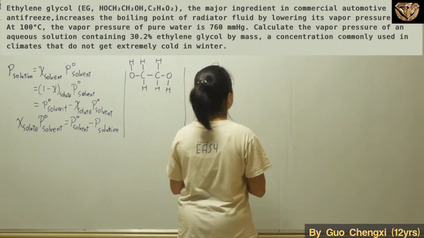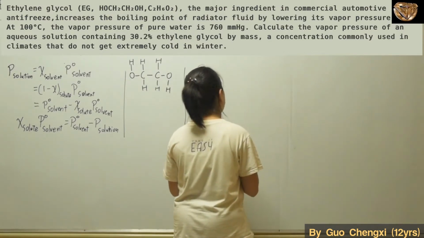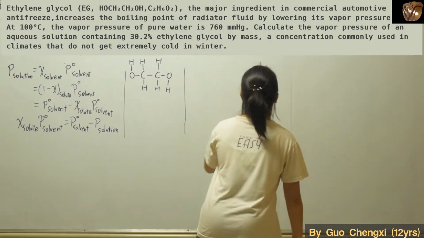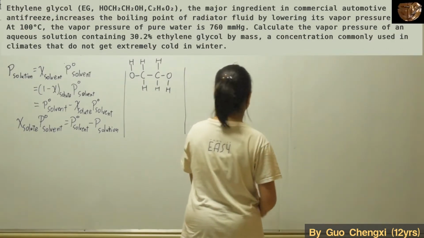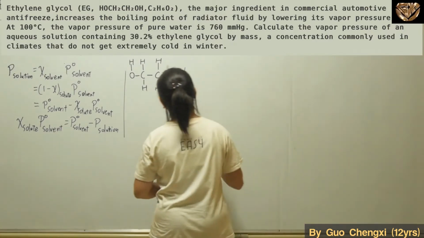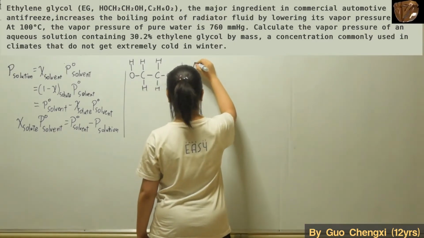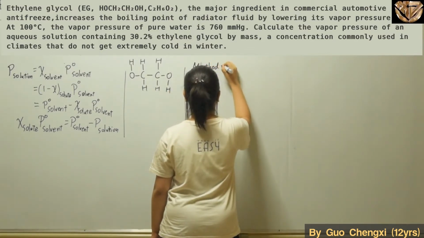Through this information, we can tell that 69.8% of the solution is H2O, while 30.2% is ethylene glycol. For this part, we have two different methods. Method 1 will first find the number of moles for H2O.